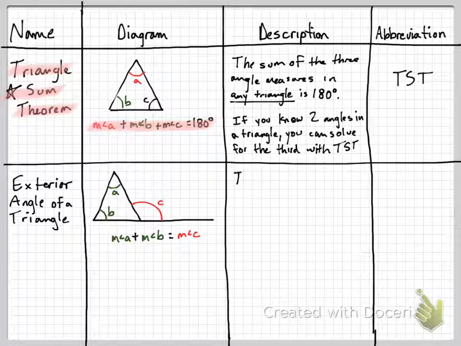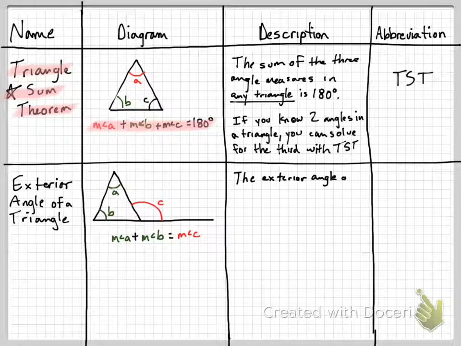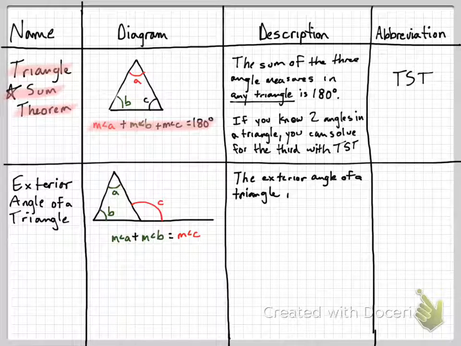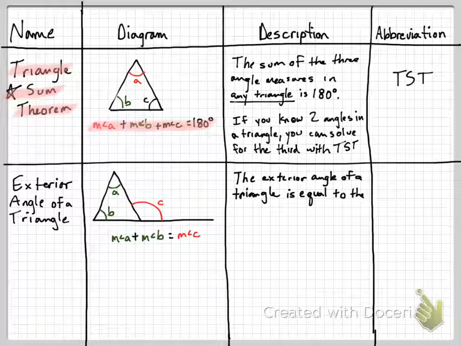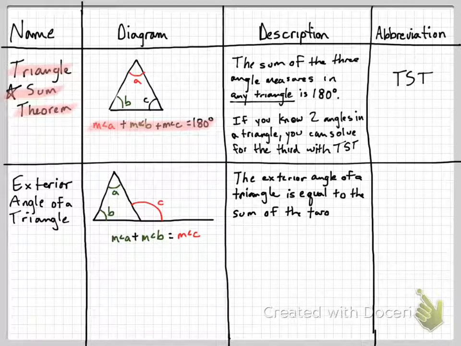Alright, and our description is that the exterior angle of a triangle is equal to the sum of the two opposite interior angles.